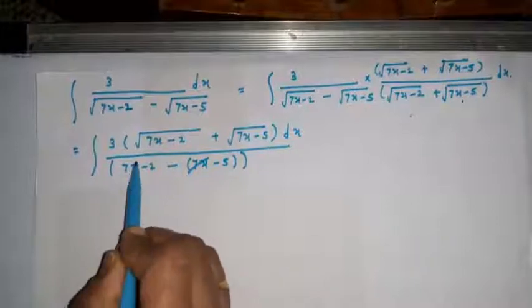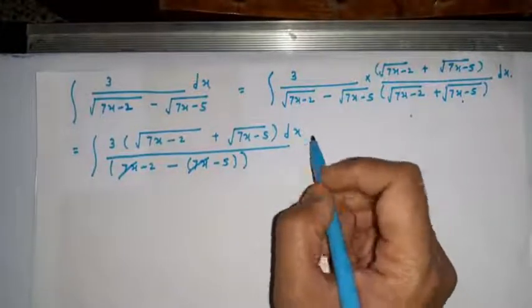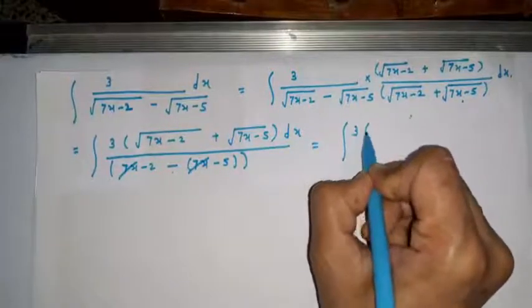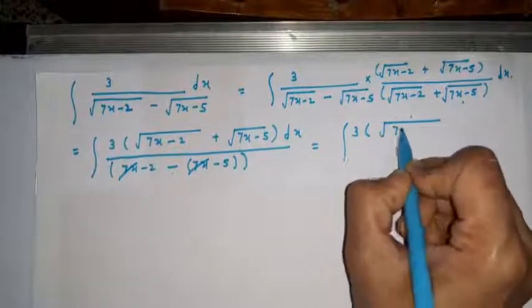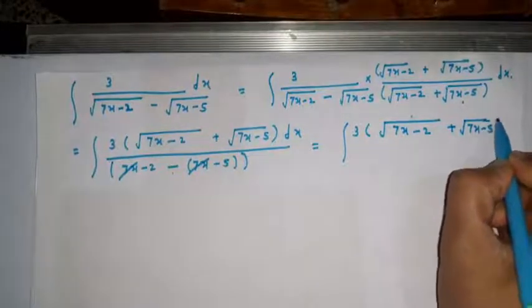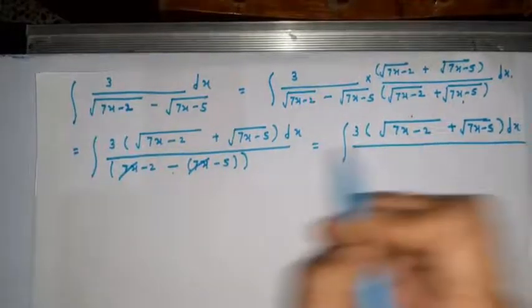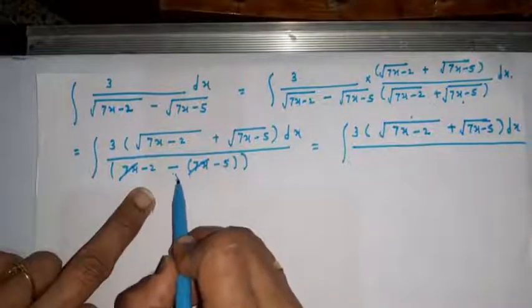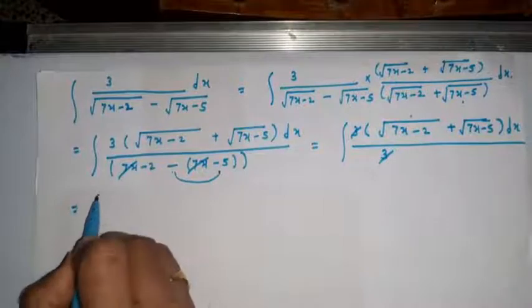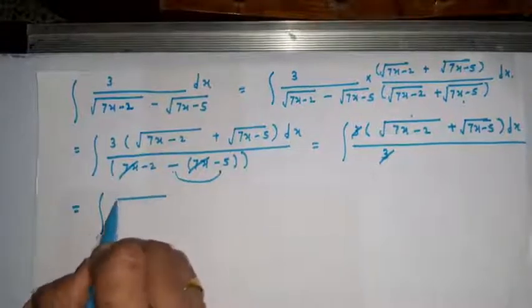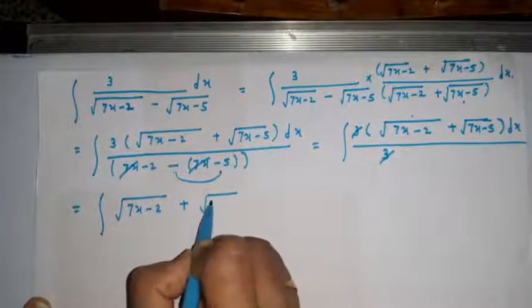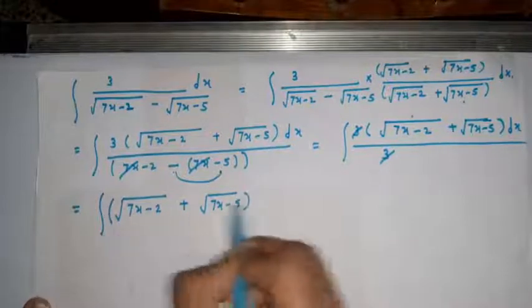Now plus 7x minus 7x will get cancelled, and here minus 2 minus minus 5 upon calculation will be plus 3. The 3 gets cancelled, and after simplification, this is our integral: square root of 7x minus 2 plus square root of 7x minus 5 with respect to x.